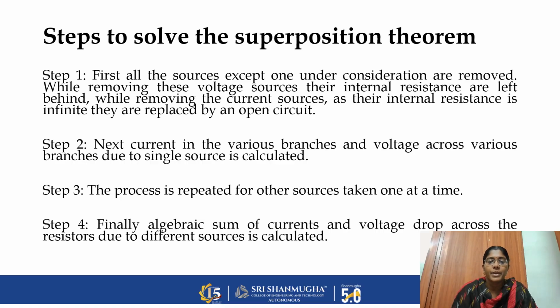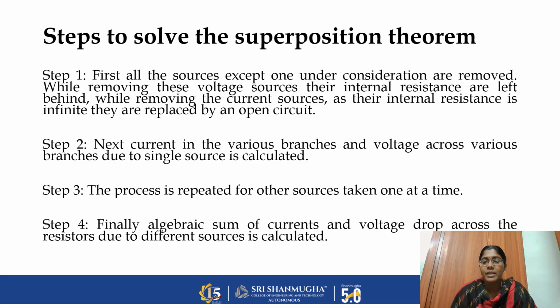So the next step is you have to find out current in various branches and voltage across various branches due to the single source. What we kept in the circuit should be calculated. And the next one is we have to repeat the process for all other sources acting alone.